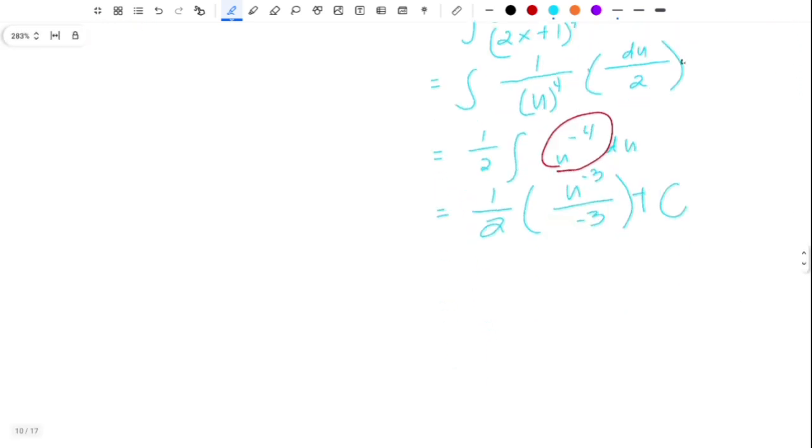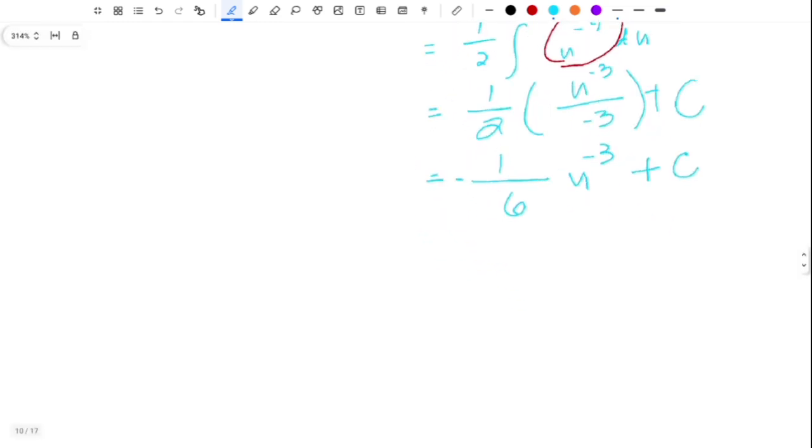Okay, let's continue. We have one half times u to the negative 3 over negative 3. Let us perform the operation: we have negative 1 over 6u raised to 3, plus c. Let us apply the exponent rule: negative 1 over 6u cubed plus c.